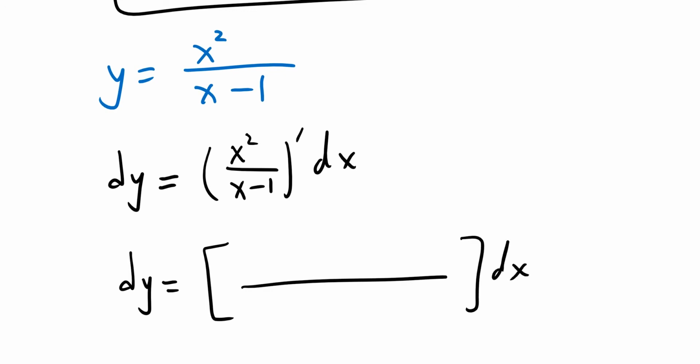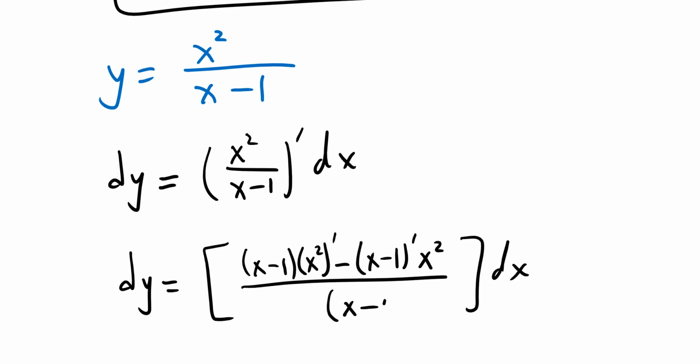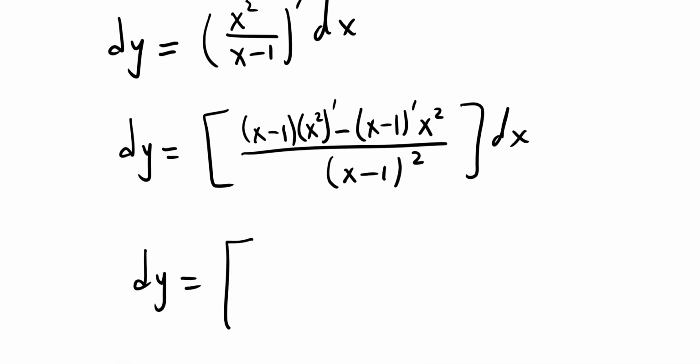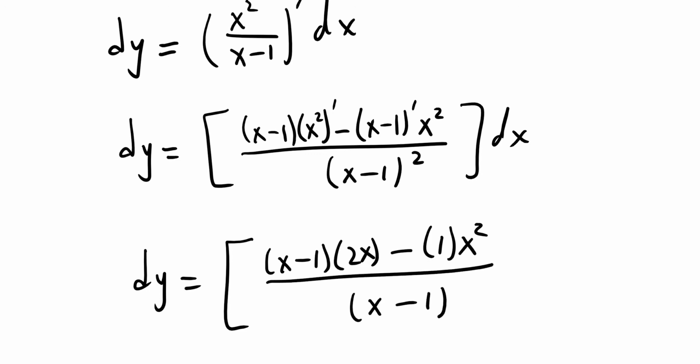The quotient rule says we take the denominator times the derivative of the top, minus the derivative of the denominator times the top, divided by the denominator squared. So dy equals, this is 2x, this is 1 times x squared, over x minus 1 squared.